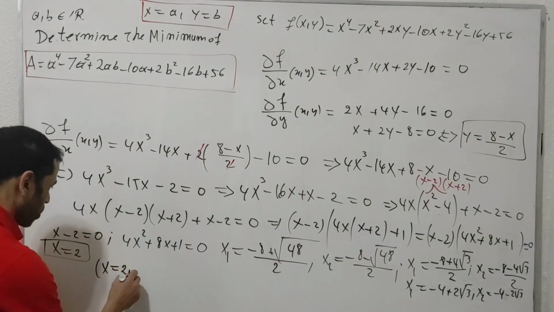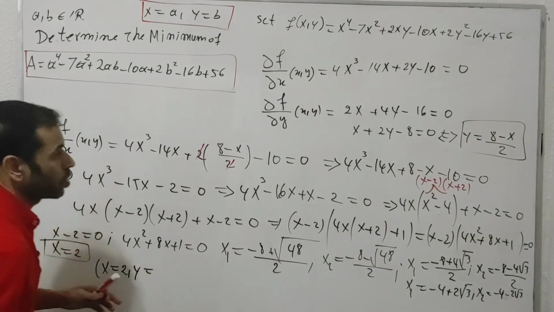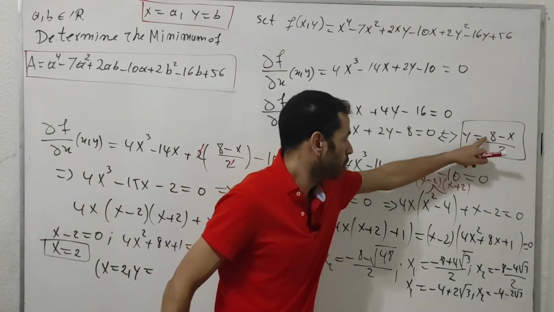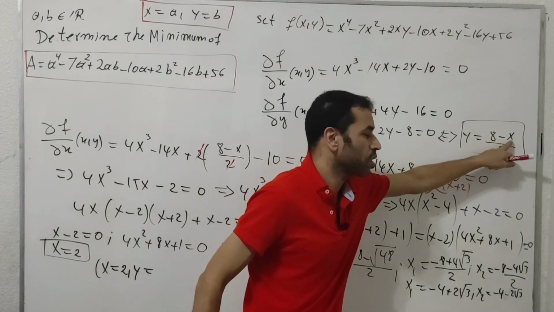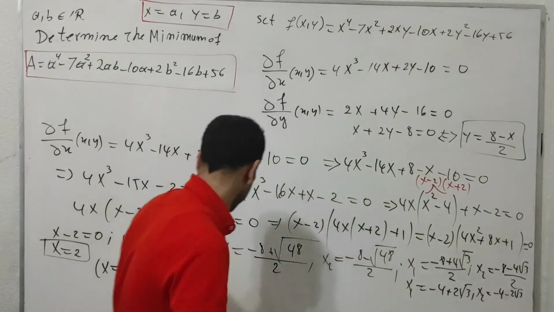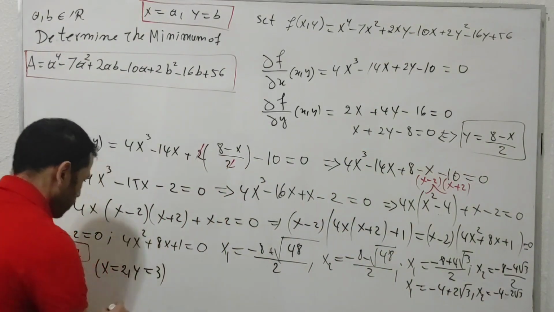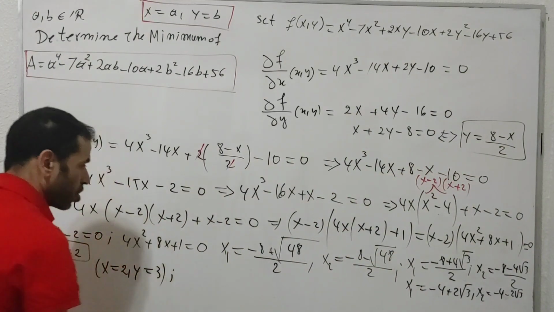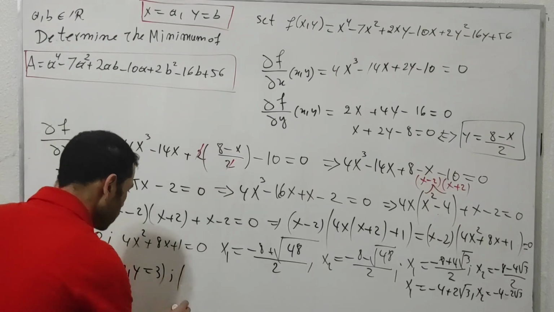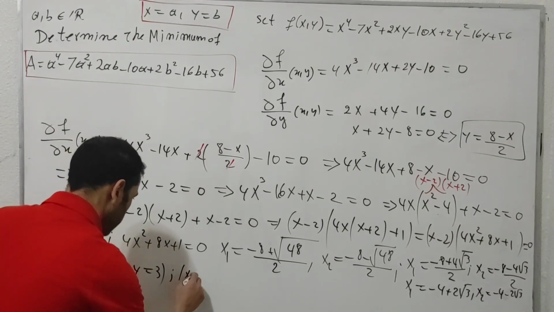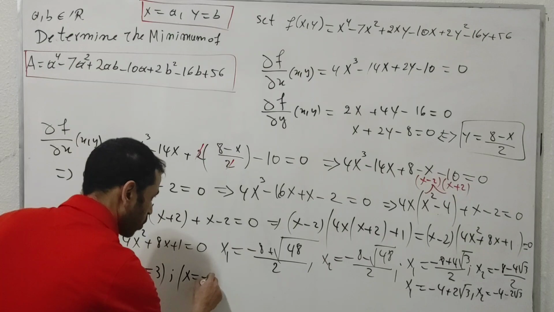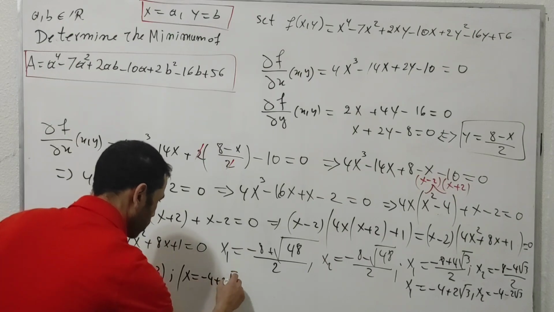x equals 2, that means y, I will have 8 minus 2 is giving us 6, 6 divided by 2 is giving us 3. So we'll have the first solution, y equals 3, as the critical point for this function. I'm looking for the second one. I will have x equals minus 4 plus 2 square root of 3.